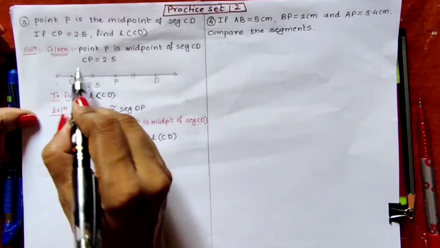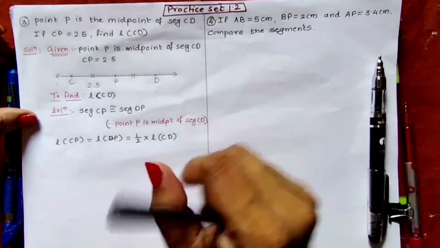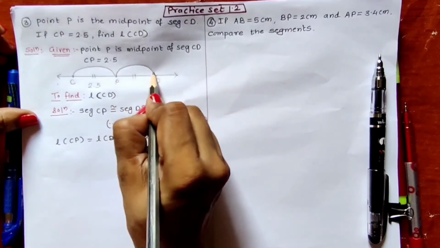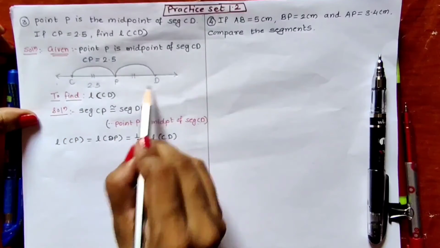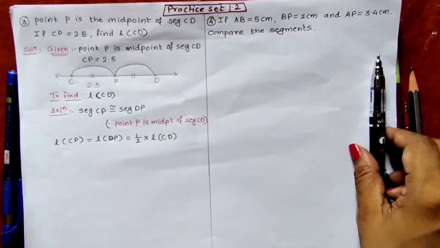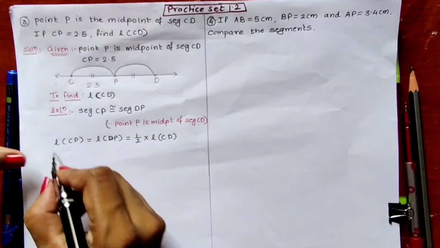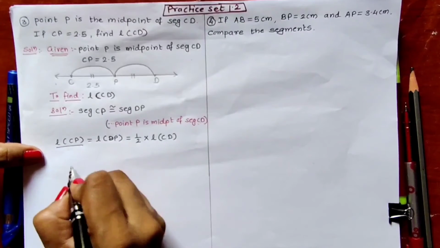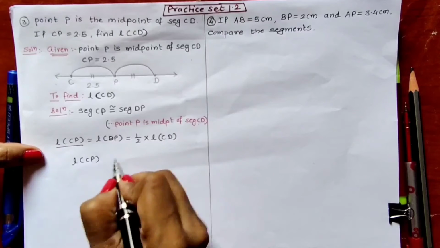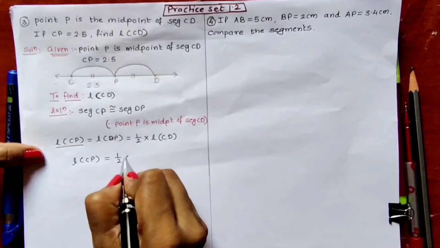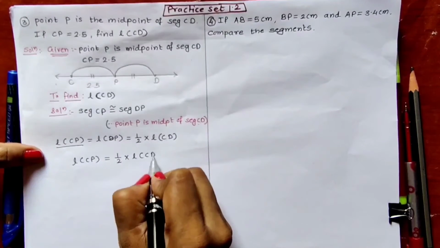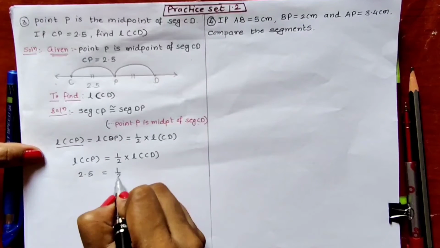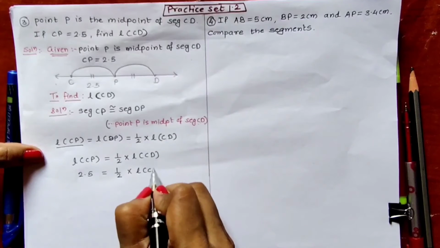This CP and PD, they are congruent, but they are half of length CD. So let us put the values now. We will take this CP and this CD. Length CP is equal to 1/2 multiplied by length CD. CP is 2.5, equal to 1/2 into length CD.